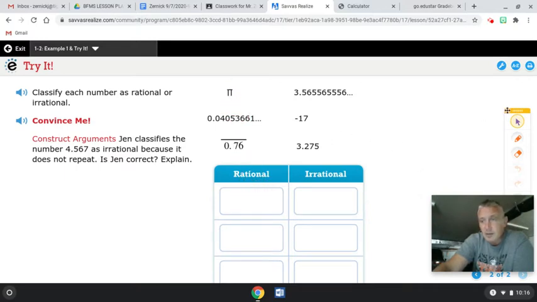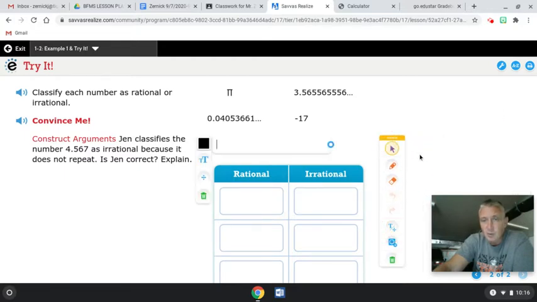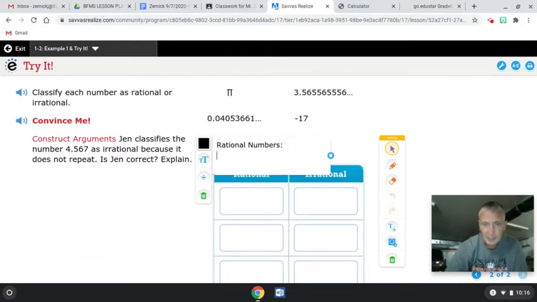So what you'll have to do is create yourself a text box. And you may move that text box around if you like. I'm going to just type in rational numbers, and hit enter.